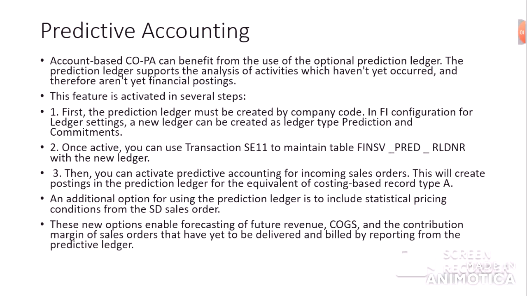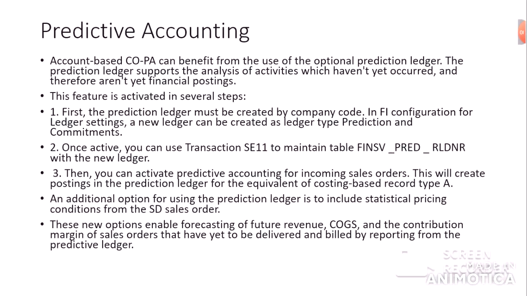Predictive accounting. Account based COPA can benefit from the use of the optional prediction ledger. The prediction ledger supports the analysis of activities which haven't yet occurred and therefore aren't yet financial postings. This feature is activated in several steps.